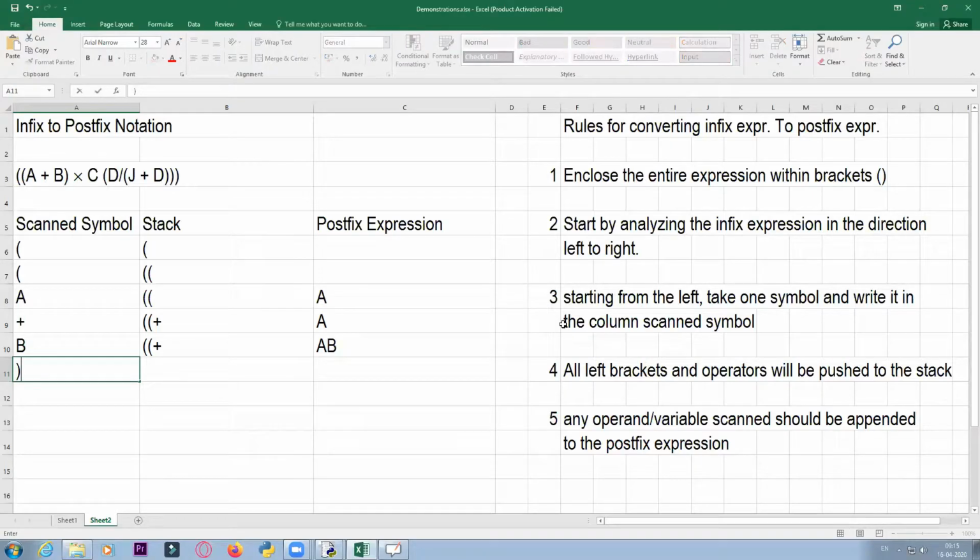After B, we have a right bracket. Now, because we have found a right bracket, what to do with that?